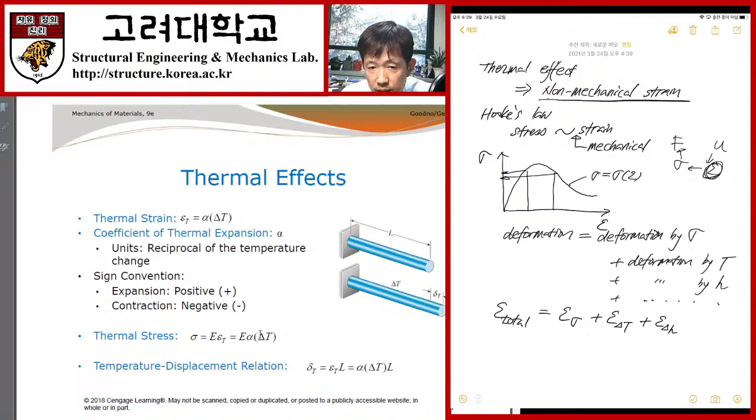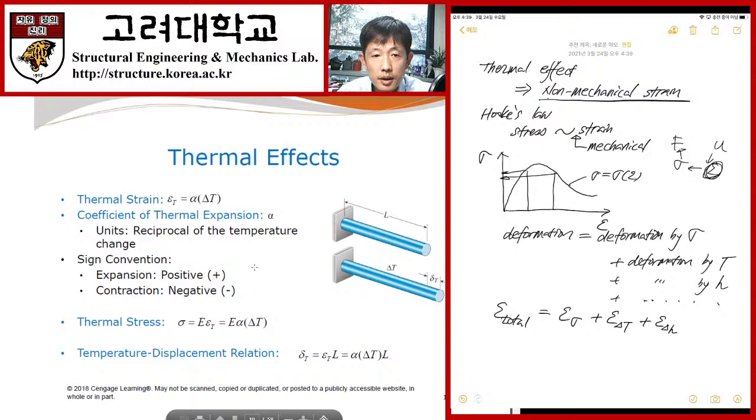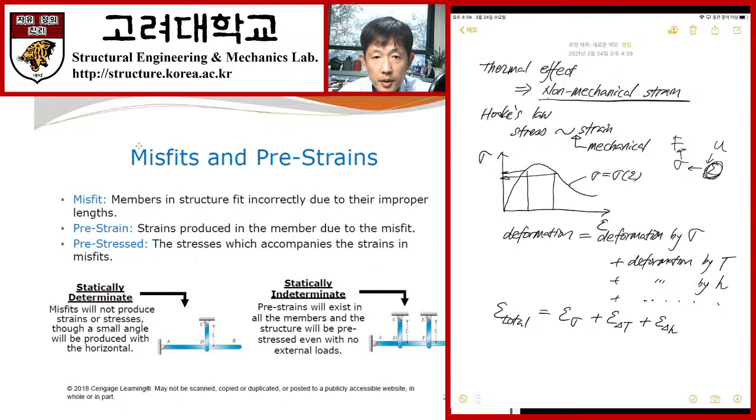As given in our textbook, there are also misfit or pre-strains. So we may have different sources of strain.